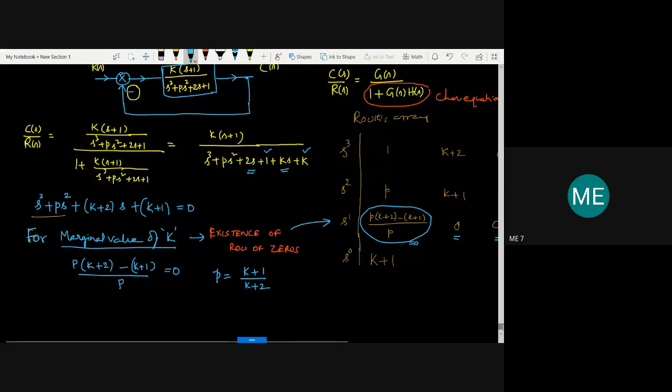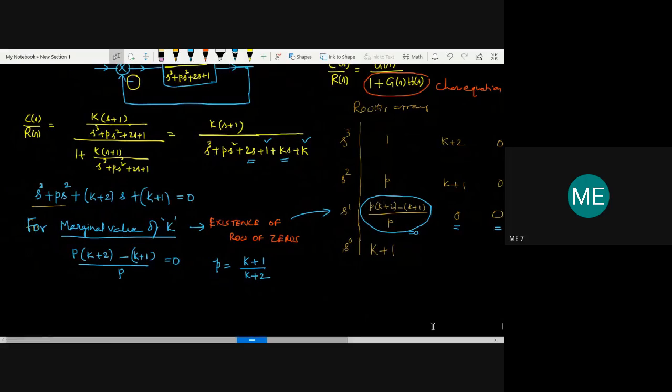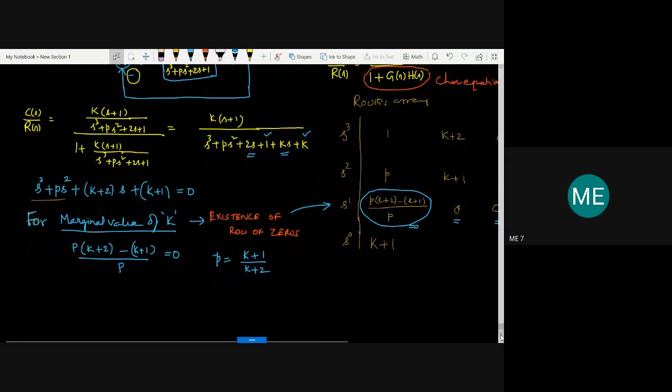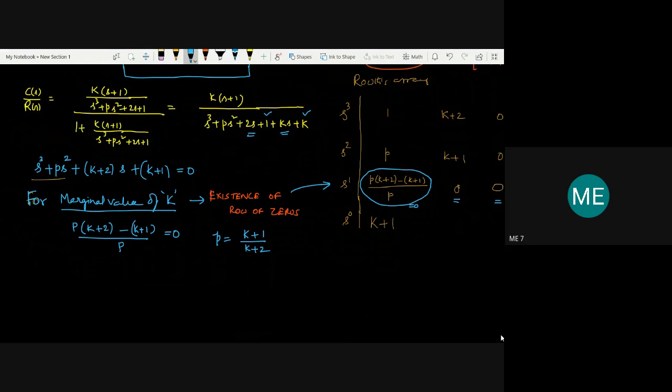In order to find out the k value, we need to write the auxiliary equation. So what is the auxiliary equation for the row of zeros? When you get the row of zeros, the row just above the zeros gives the auxiliary equation.